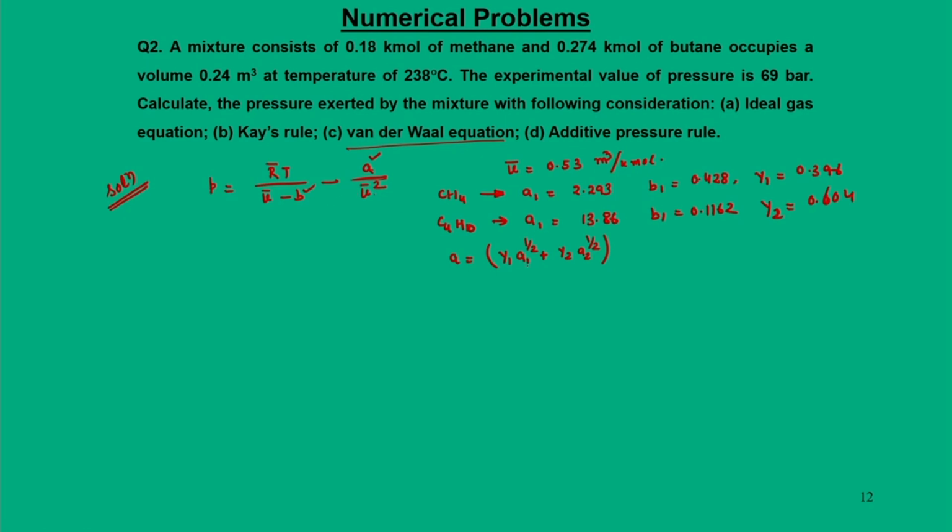So, as if we have taken the square root of A. Considering this, the effective number for A for the mixture we get as 8.113, and B will be Y1 B1 plus Y2 B2. Then by putting this number and inserting the values, the van der Waals gas model will give the pressure exerted by the mixture as 66.9 bar.